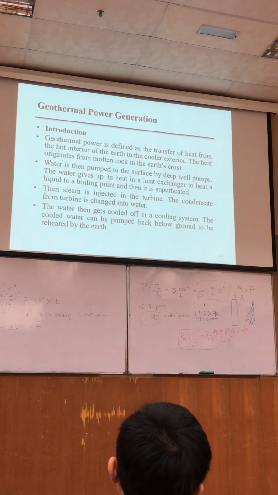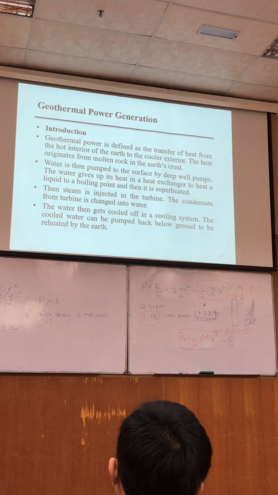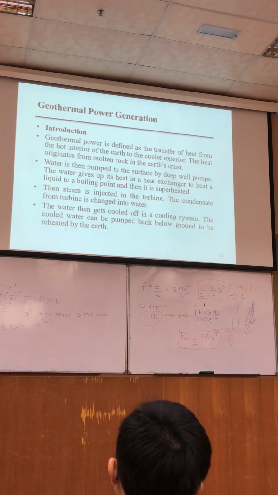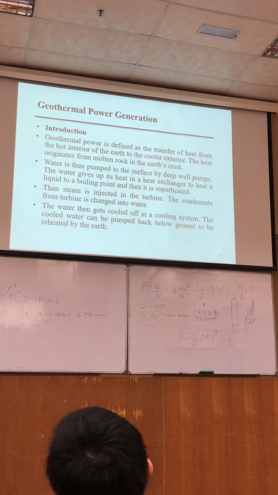And then the water is pumped to the surface by a deep well pump, producing well. The water gives up its heat in a heat exchanger to heat a liquid to a boiling point, and then it is superheated. Then the steam is injected into the turbine.